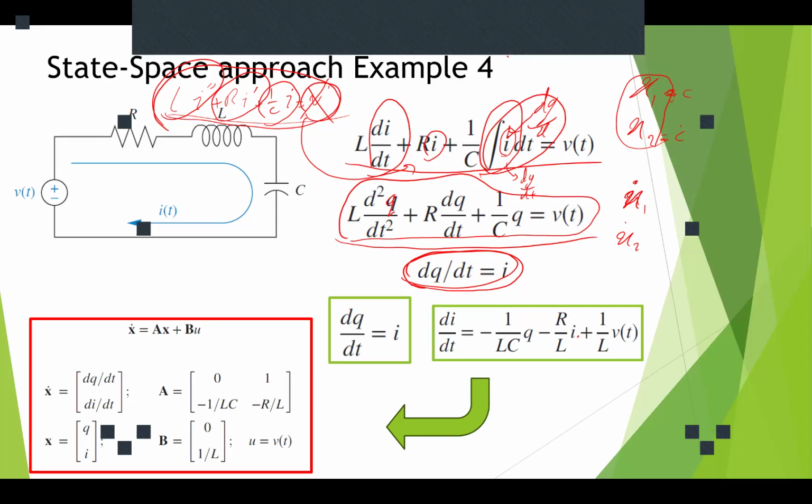So x1 dot is going to be x2, and x2 dot is going to be a linear combination of, for example, a x1 plus b x2 plus c u. Are we good so far? A linear combination of the state variables and input. Is that clear?